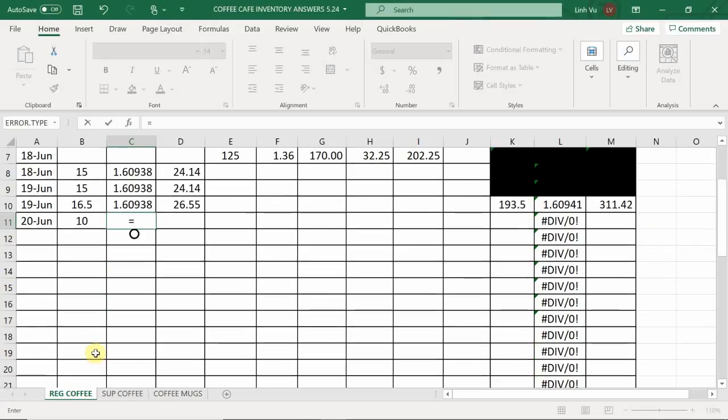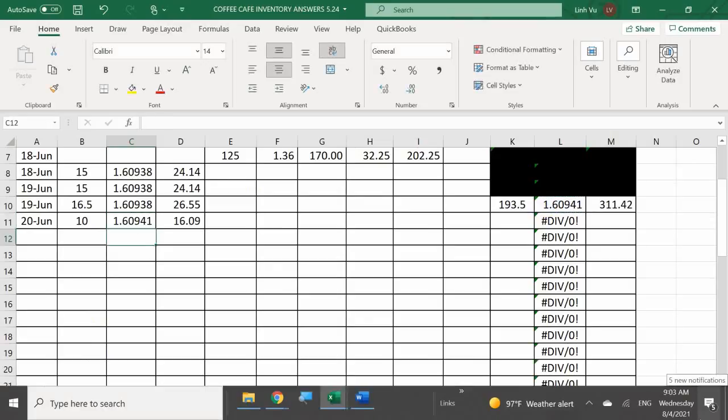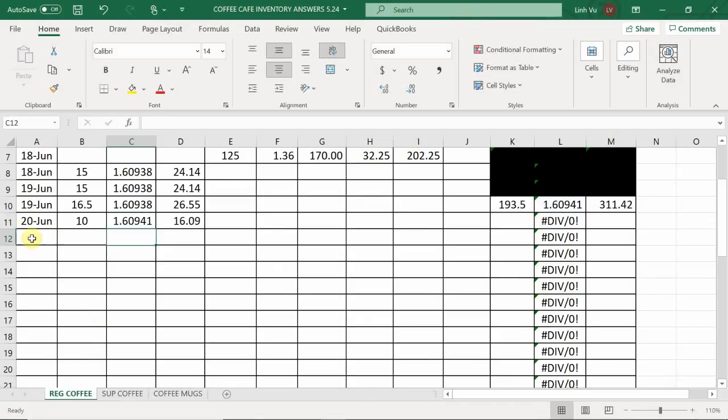So this is where you need to multiply your numbers. So the 1609, excellent. That's how I'm doing my average cost now.